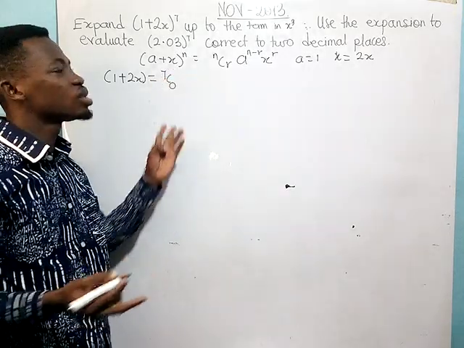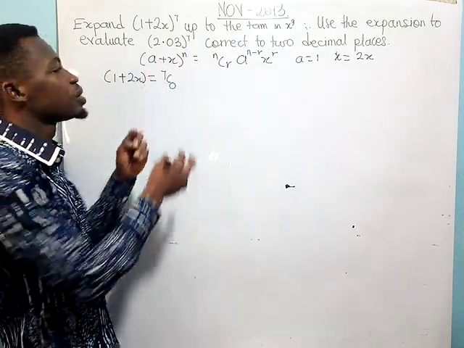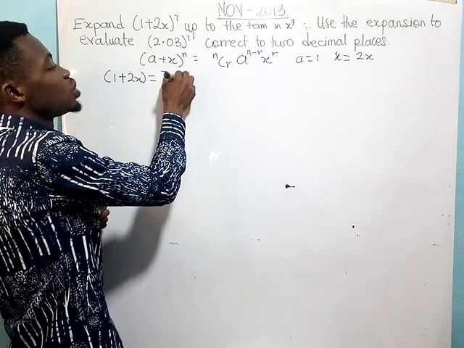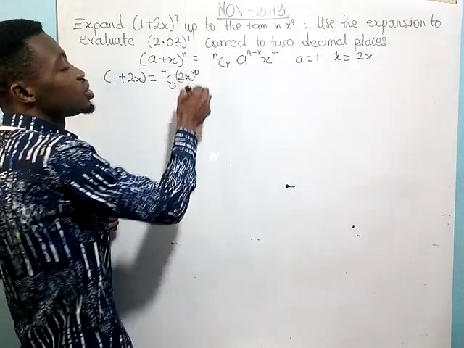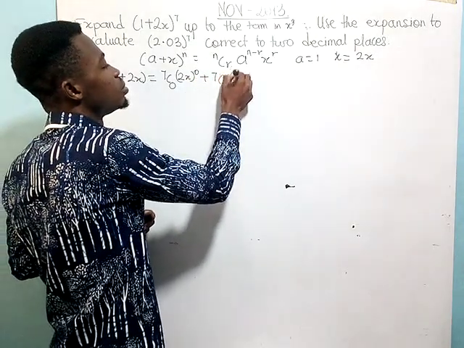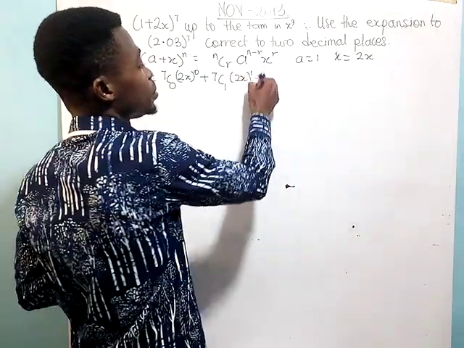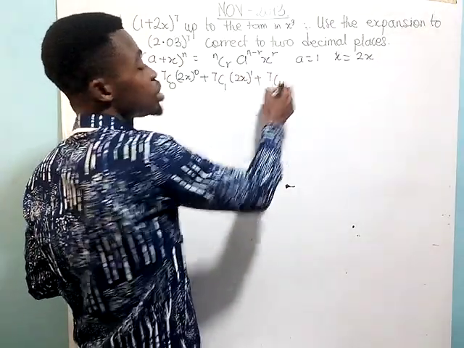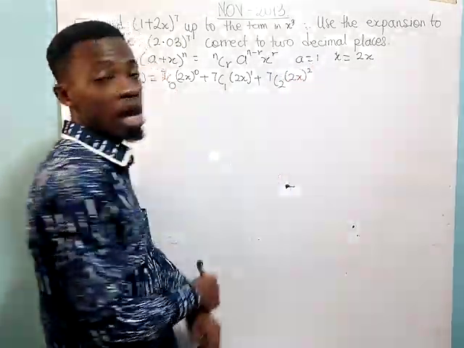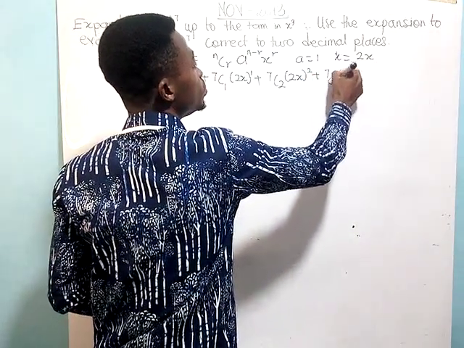Our a is 1, so a to any power is the 1 itself, so we can ignore the 1. For the first term, the exponent of x is 0, so (2x) to the power 0, plus 7 combination 1, (2x) to the power 1, plus 7 combination 2, (2x) to the power 2, plus 7.